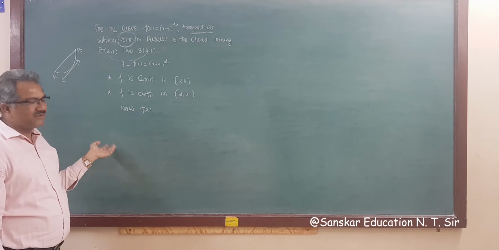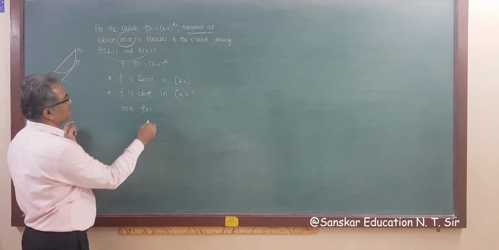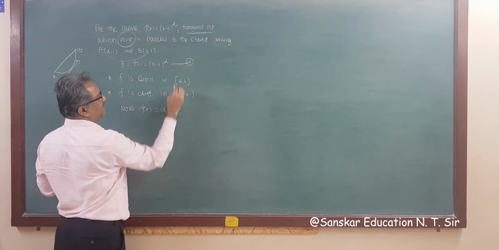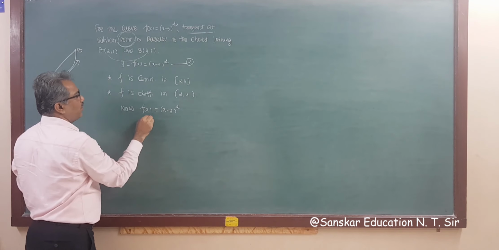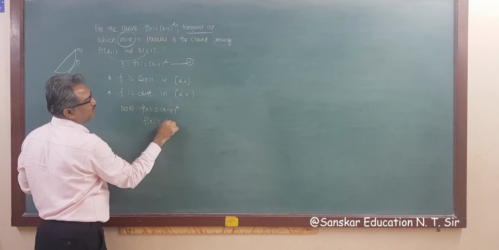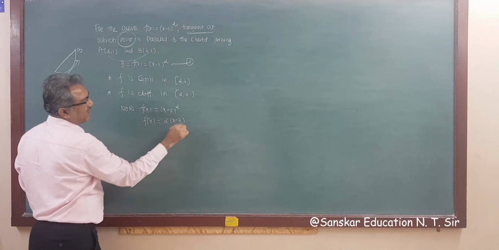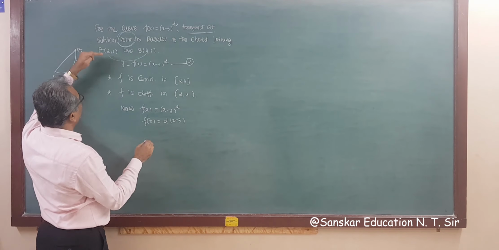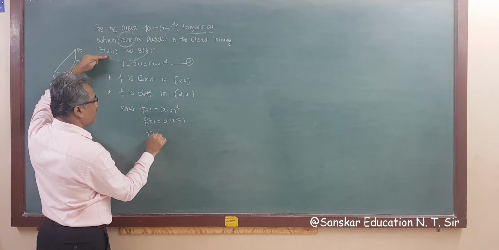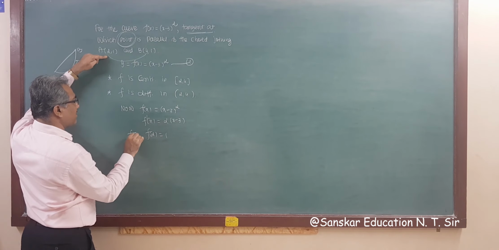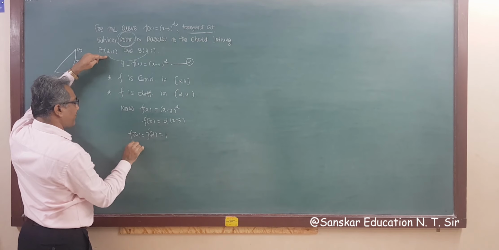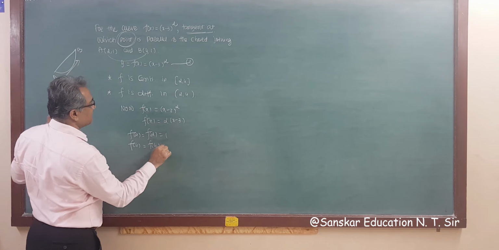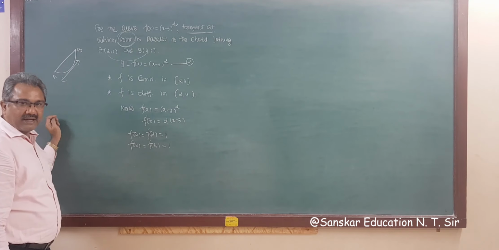We know that, that's why I am writing directly. f(x) is equal to (x minus 3) whole square, this is your result number 1. So f dash x is equal to 2 times (x minus 3), and the derivative of x minus 3 is 1. Now f(a), that is f(2), is equal to 1, and f(b) is equal to f(4), and that is again 1.